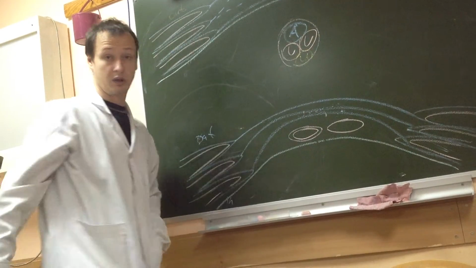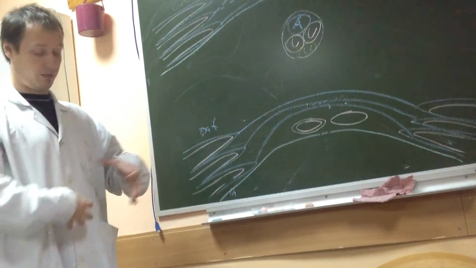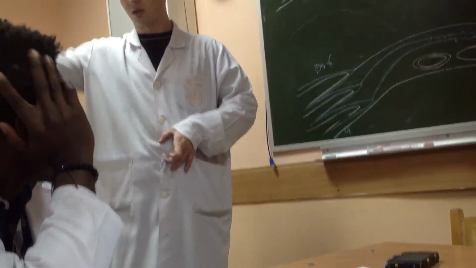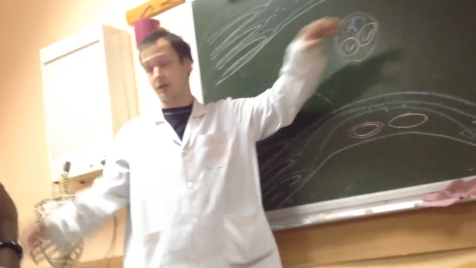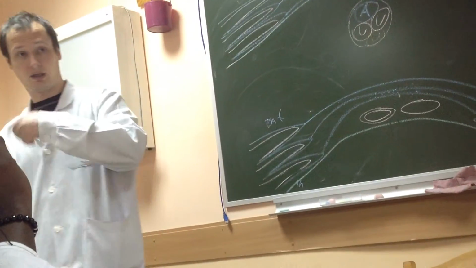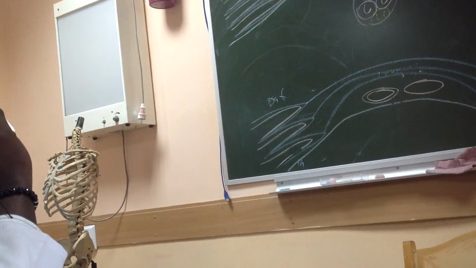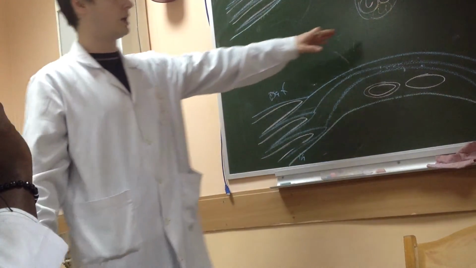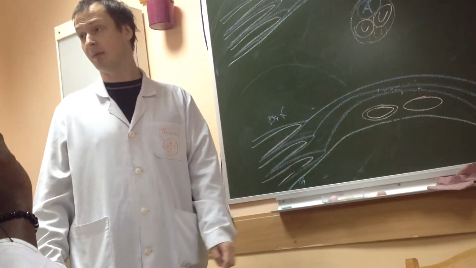By this cord, the blood travels to the placenta for oxygenation and exchange of nutrients, right? And the urine duct. Understand?